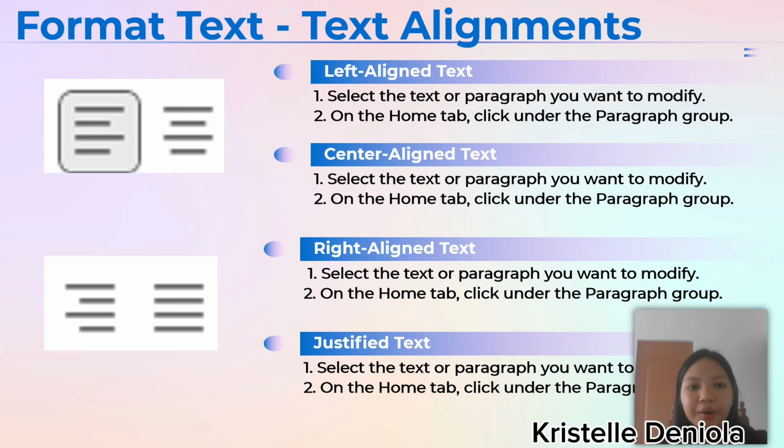On the right aligned, you can just press Control together with R to make the text right aligned. And if you want to justify your text, you can also press Control together with J to make your text align evenly on both left and right margins.